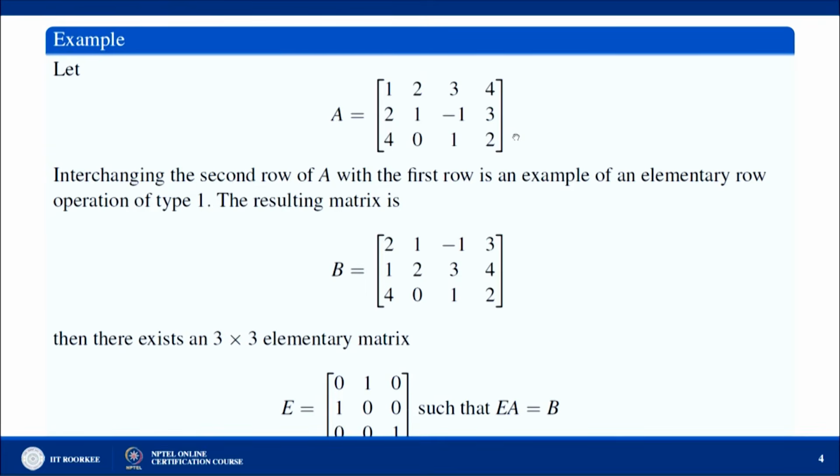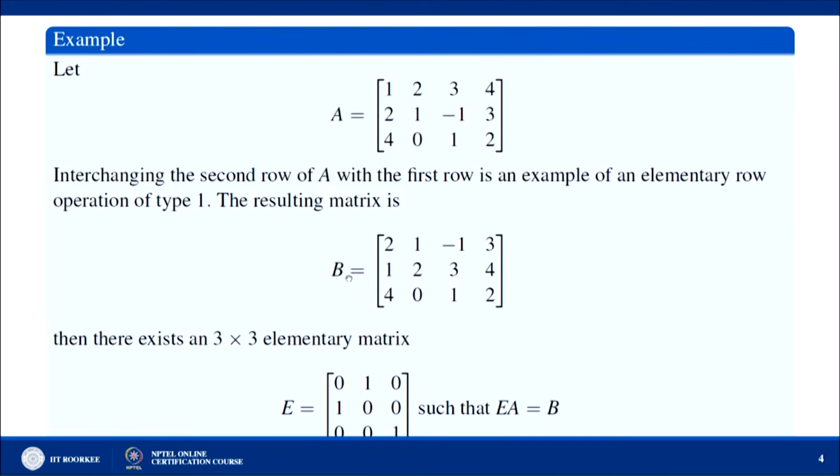So, let us discuss it with a few examples. You have matrix A here, which is of order 3 cross 4: 3 rows, 4 columns. Now, in this matrix suppose you interchange the second row with the first row, that is, you interchange R 2 and R 1. The new matrix obtained, which is row equivalent to A, is 2 1 minus 1 3 as the first row, then 1 2 3 4, then 4 0 1 2.